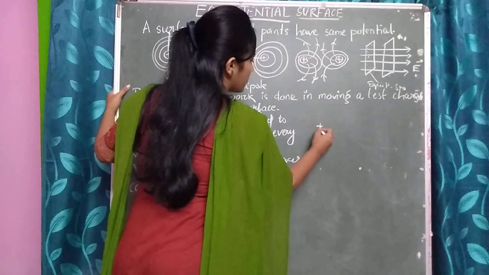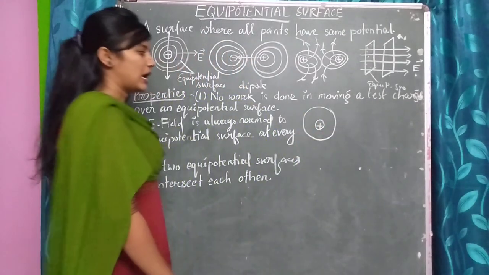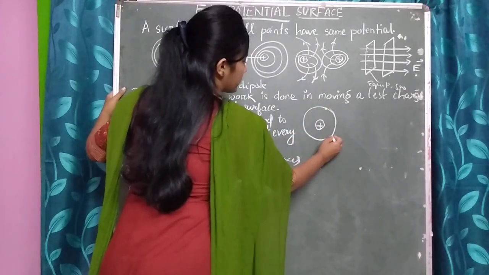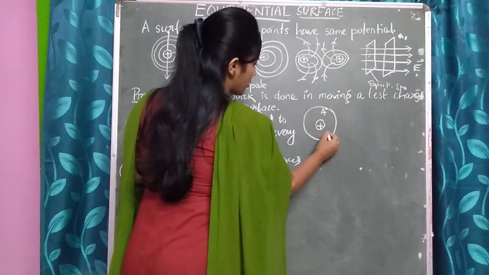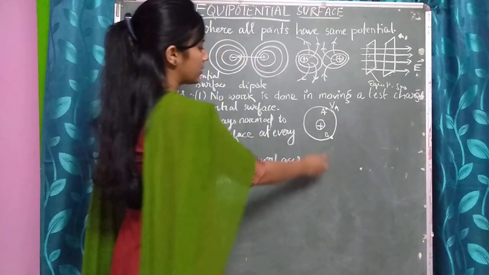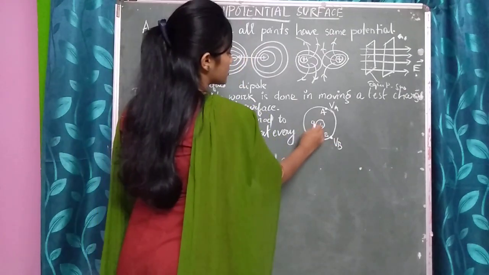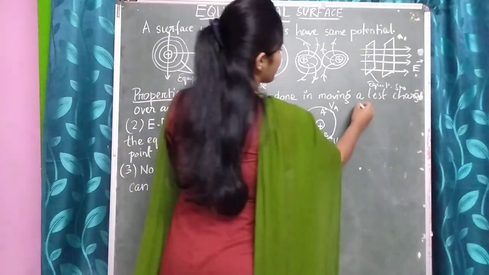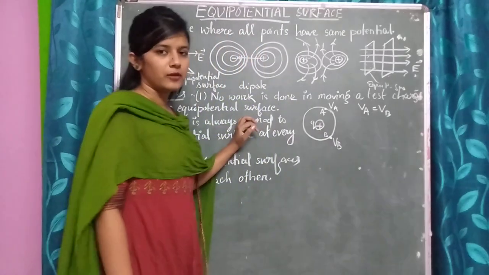If this is the point charge and this is the equipotential surface, as we know, the electric potentials on the surface are the same. For these two points, the potential at point A is VA and at this point it is VB, and the charge is Q. But since it is an equipotential surface, VA is equal to VB.